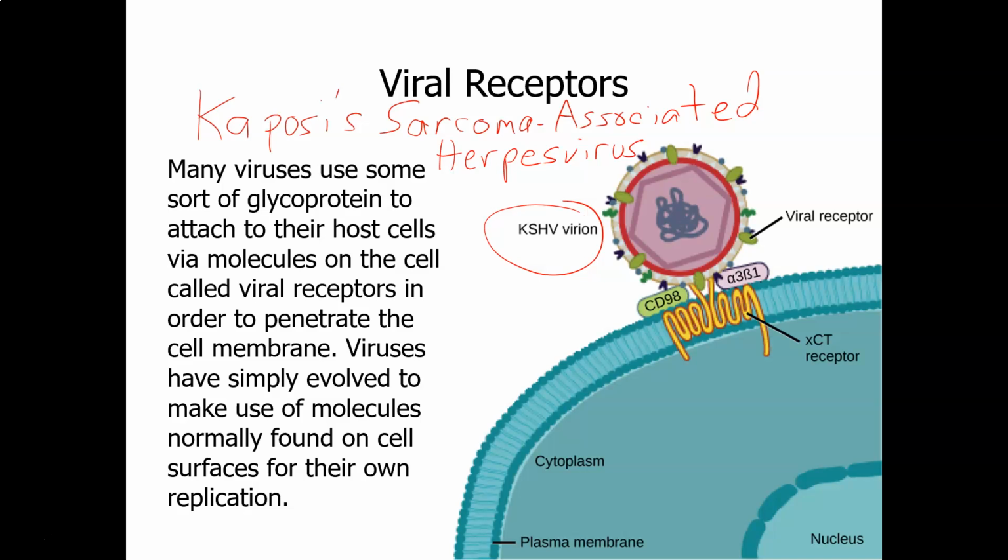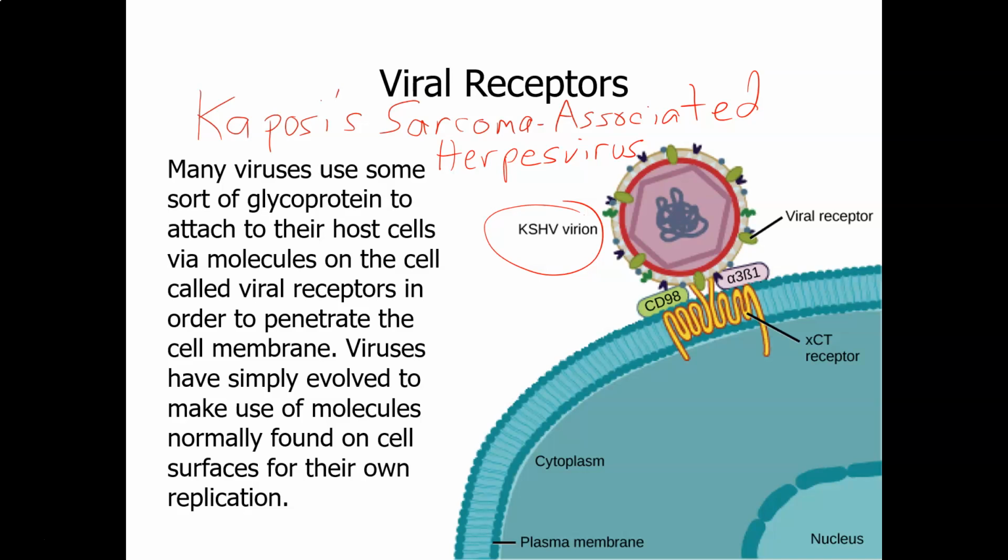But this is an illustration used to show you how this particular virion attaches to its host cell. Basically, there is a particle on the virion that is shaped to fit a particle in the plasma membrane of the host cell.